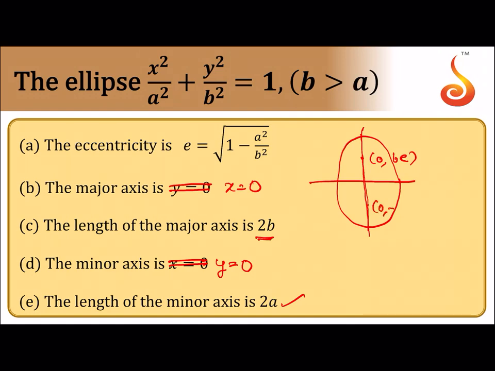Focus coordinates will be 0 comma be and 0 comma minus be. Directrix will be y equal to b by e and y equal to minus b by e.